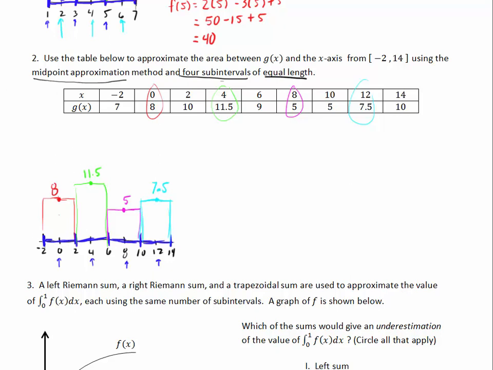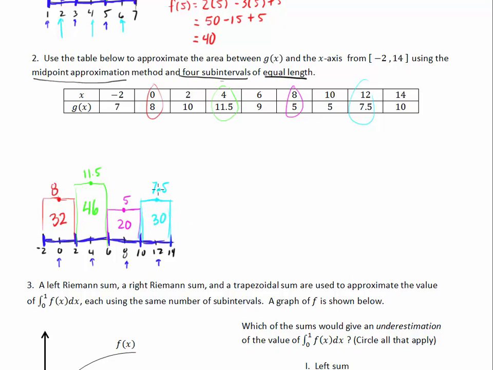Now remember, the base here is not 2 units, even though there are 2 tick marks. It is 4 units. So 4 times 8 is 32. 11.5 times 4, without a calculator, let's see, 11.5 times 2 is 23, and so that's going to be 46 if I times it by 4. 5 times 4 is 20, and 7.5 times 4 is going to be 30, I think. 7.5 times 2 is 15, times 2 more is 30.